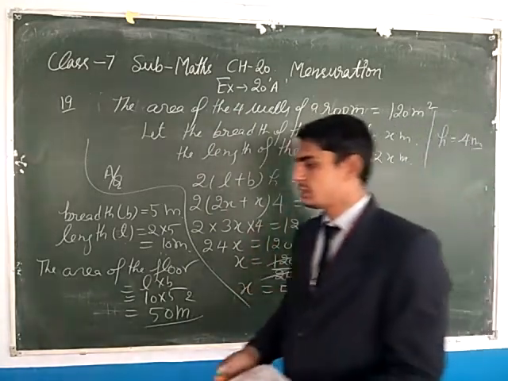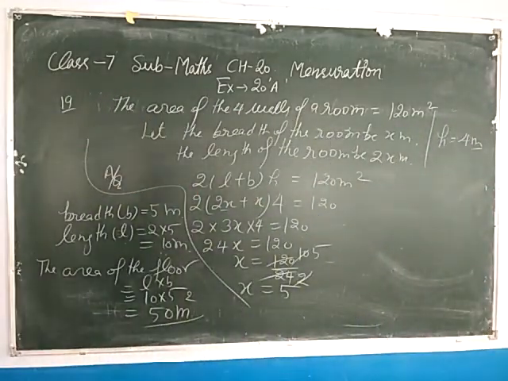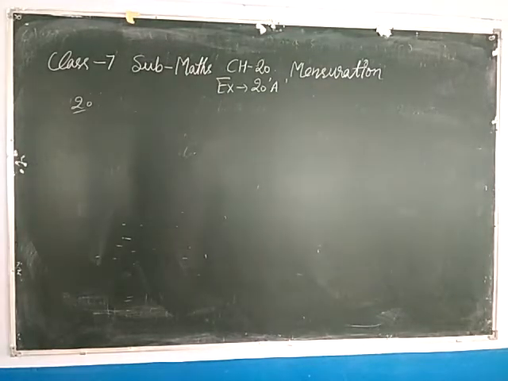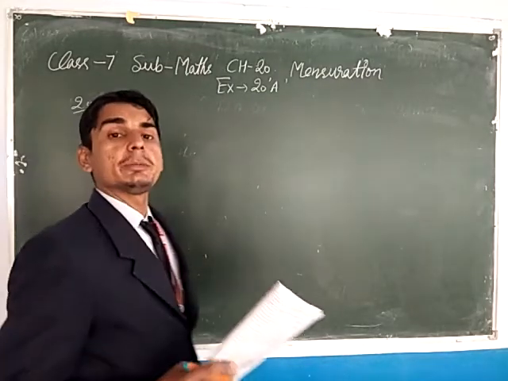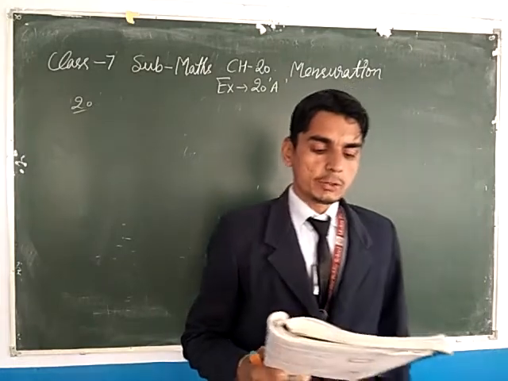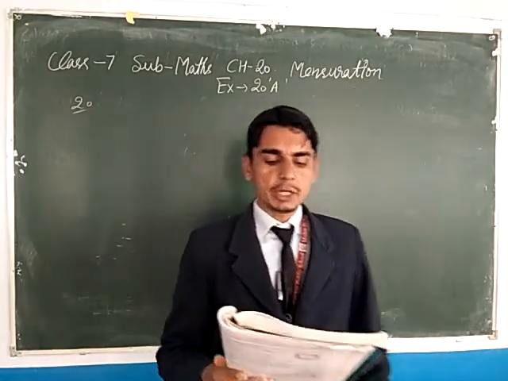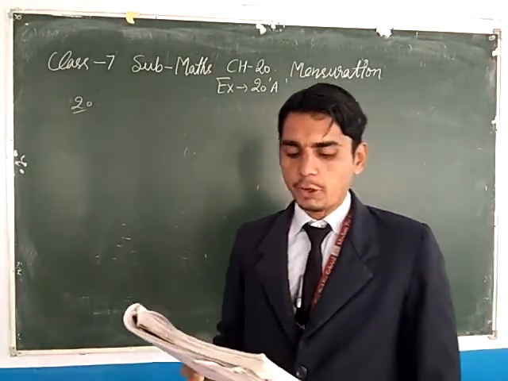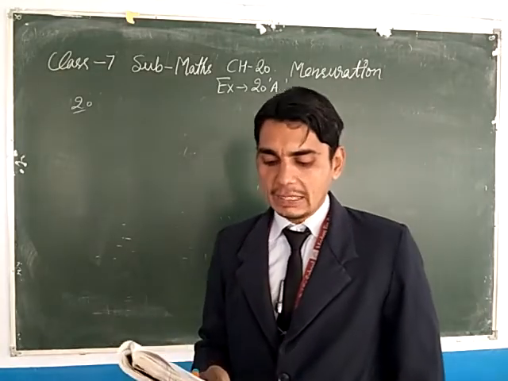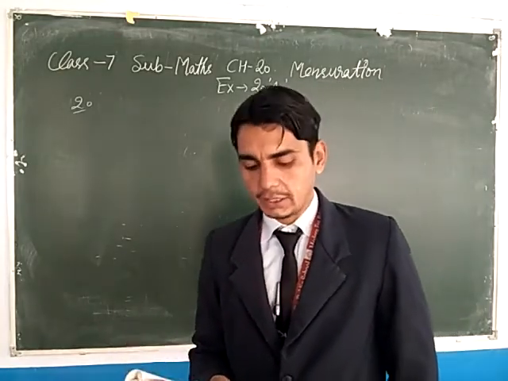Now the next question, question number 20. A room is 8.5 meter long, 6.5 meter broad and 3.4 meter high.